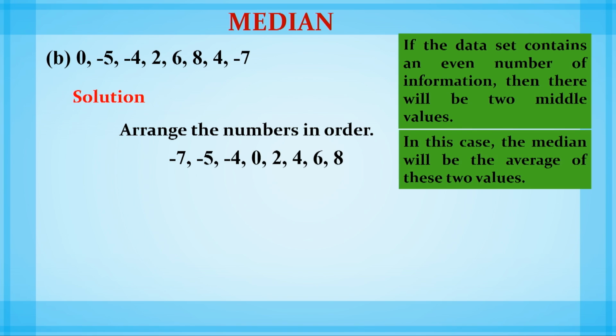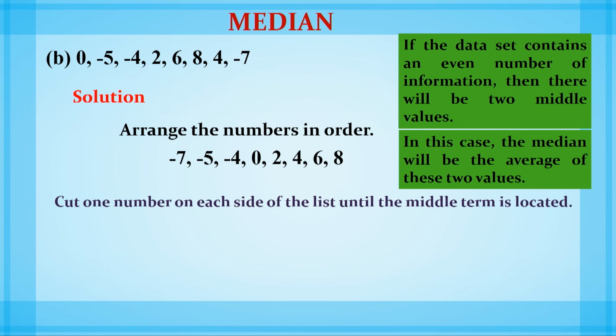In this case, the median will be the average of these two values. Now, after arranging this set of numbers in order, cut one number on each side of the list until the middle term is located, as shown below.